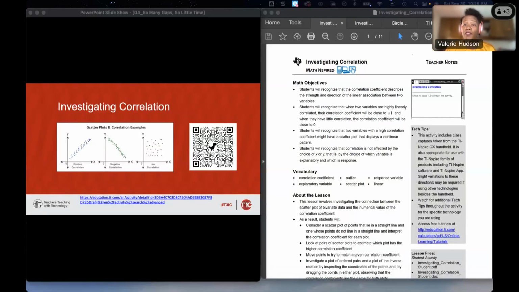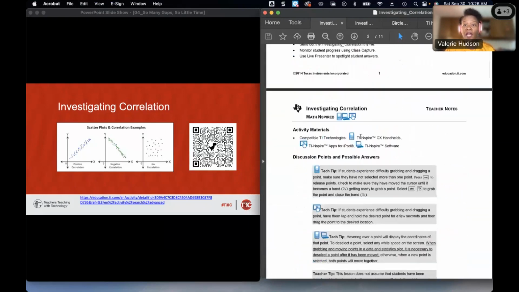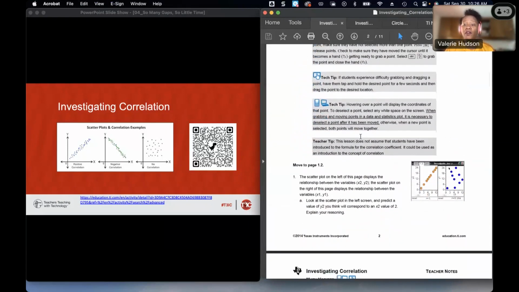With all of the TI activities, there are teacher notes and a student activity, in PDF as well as Word form. The teacher notes are very, very detailed. They start out with objectives, go into vocabulary, what to watch out for, and various tips.